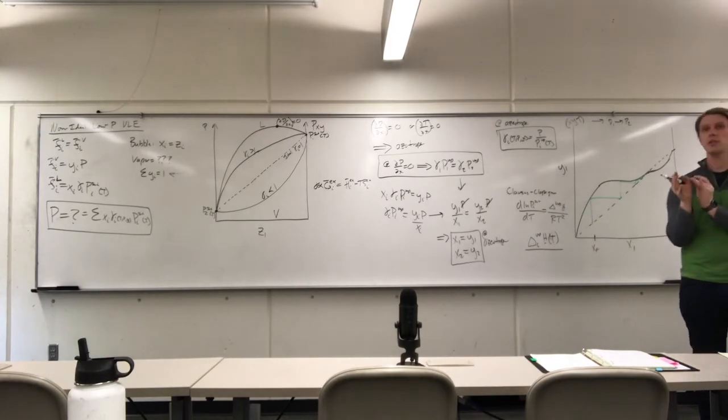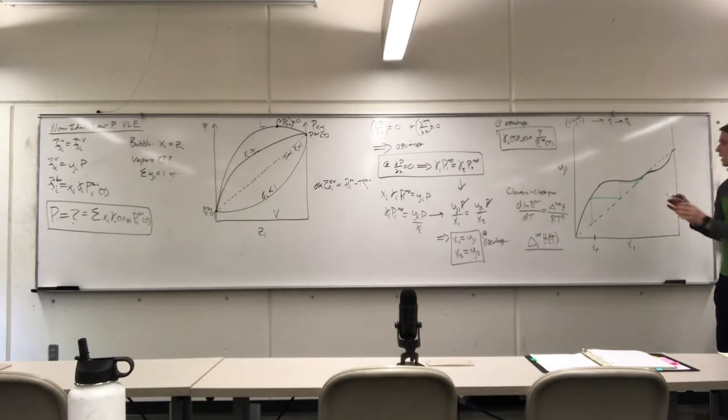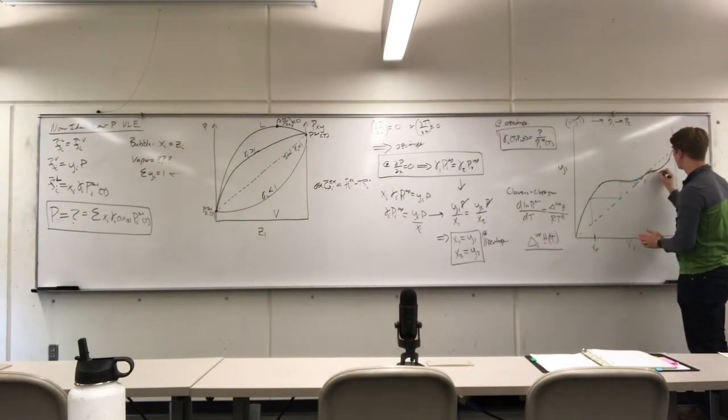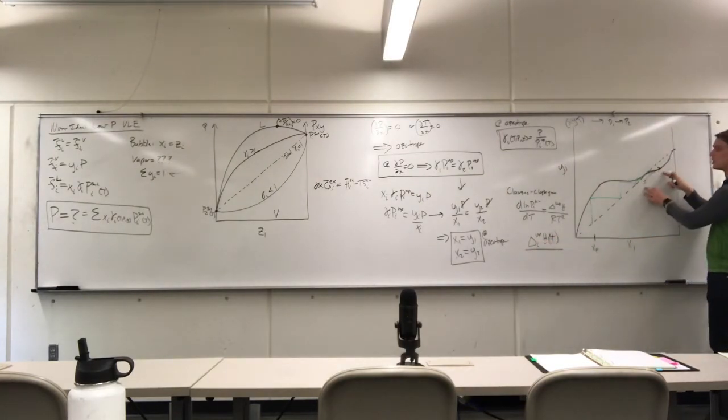But if you're working with two things that don't have that characteristic, if I were to change my pressure, I can move my azeotrope composition up or down a little bit.